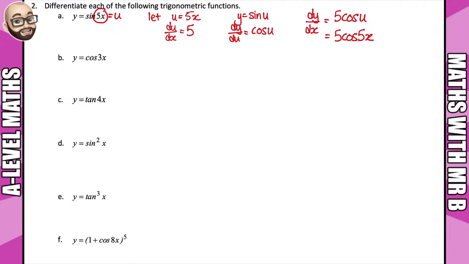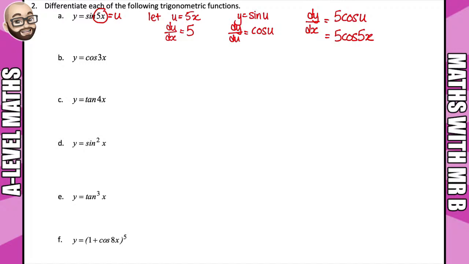So that angle of 5x over here has stayed in my answer. And at the beginning, we've multiplied it by the derivative of the actual angle. So there's always kind of like 3 steps here that would entirely skip out this chain rule. It's change the trig, keep the angle the same, multiply it by the angle's derivative.